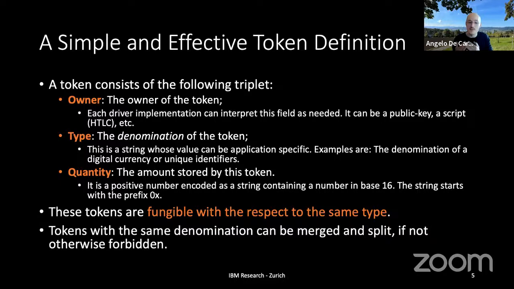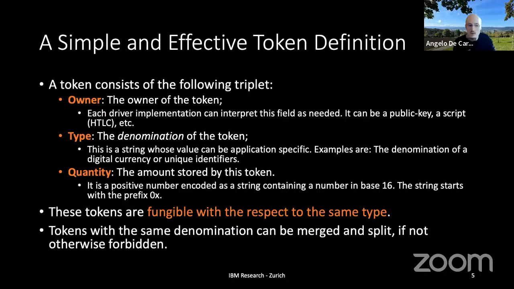If the types are different, then essentially you cannot merge these two tokens, so you cannot perform operations like merging. And if a token is non-fungible, you cannot split this token into multiple other tokens. So it's a very simple definition, very clear, and to the point.